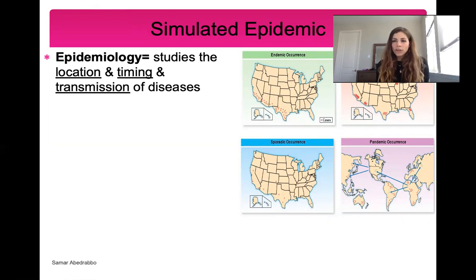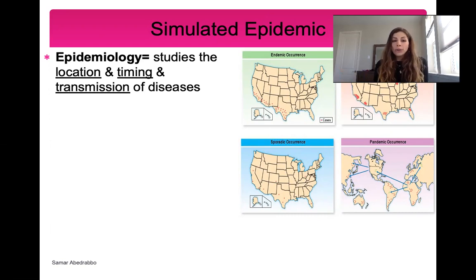Is it direct contact? Is it airborne? Is it fecal-oral? Is it some contaminated food that's passing it? Epidemiologists taught us that with coronavirus, the transmission is person to person, through direct contact and through droplets.